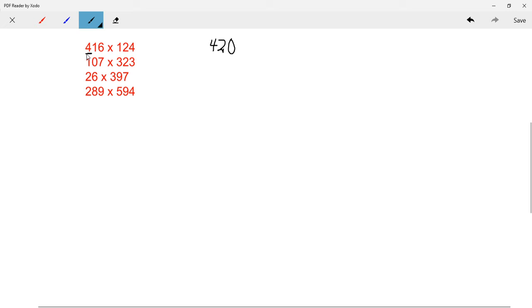So I would round it to the hundreds place, which would be 400. Okay, and then times. Now, 124, I could estimate it to 100, but a more accurate number to estimate it to would actually be 120. And that works because I know my 12's multiplication tables.